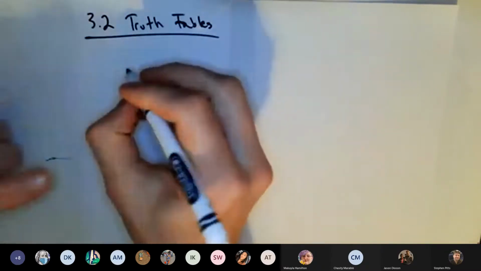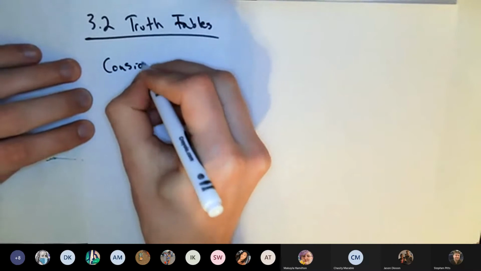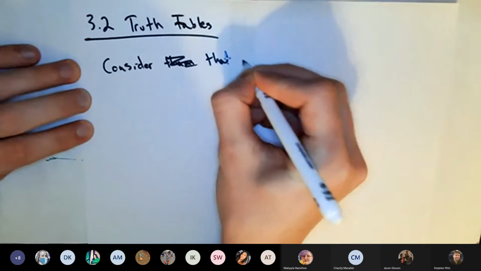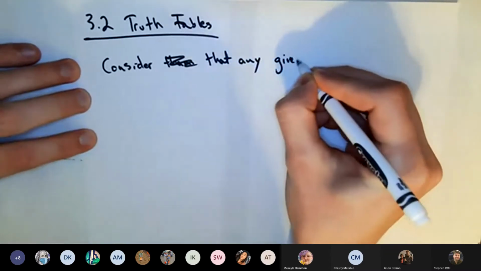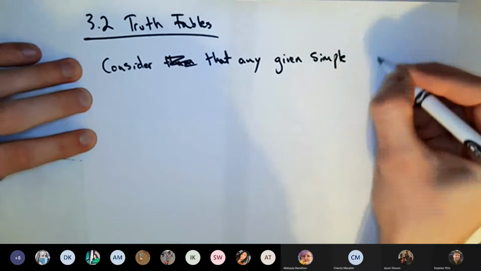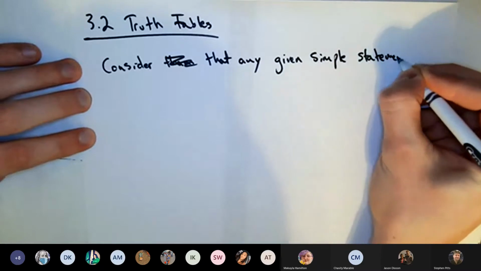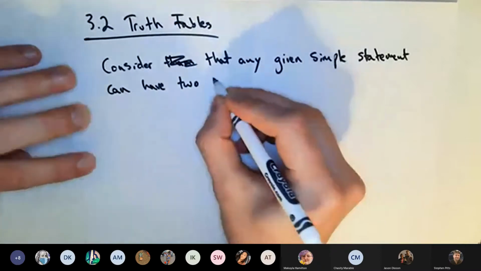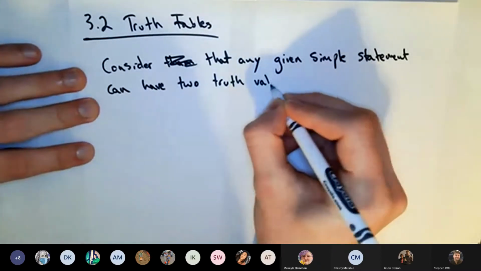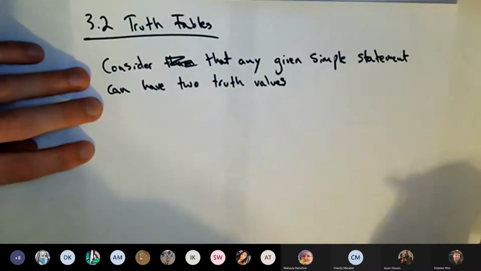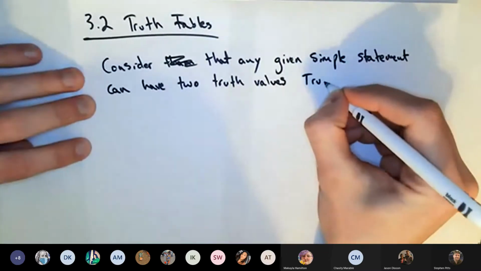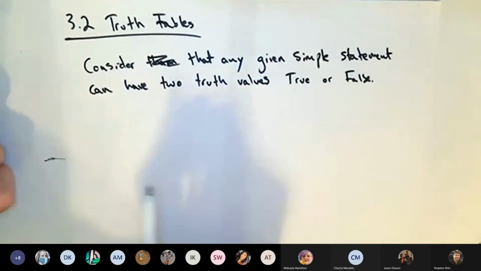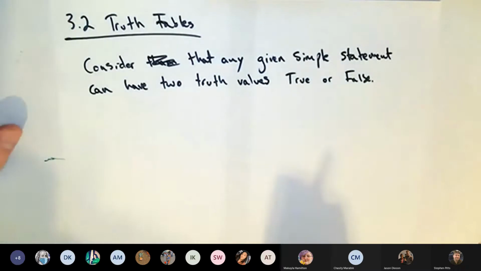Okay, here's something to consider: any given simple statement can have two truth values, right? True or false. Those are the two truth values it can be given. Any given simple statement can yield either a true or a false.